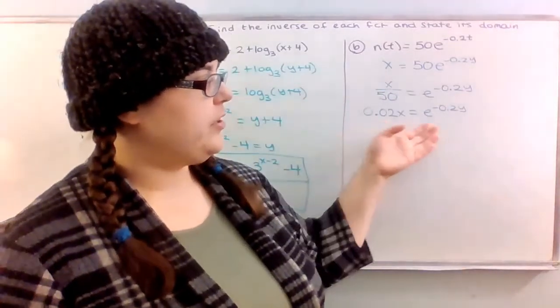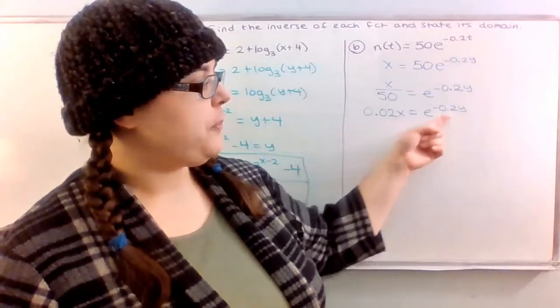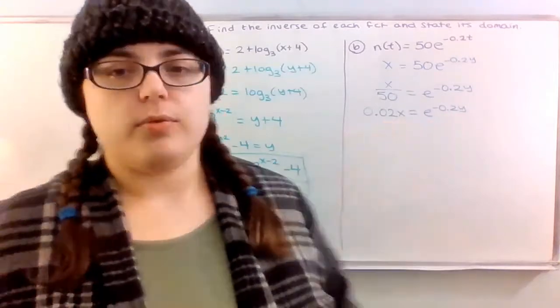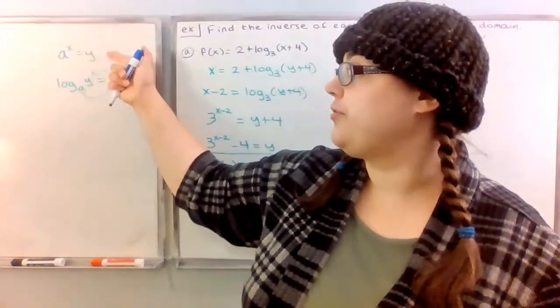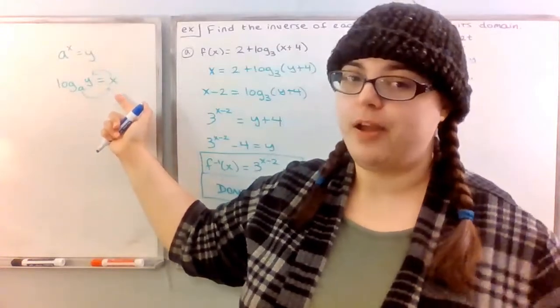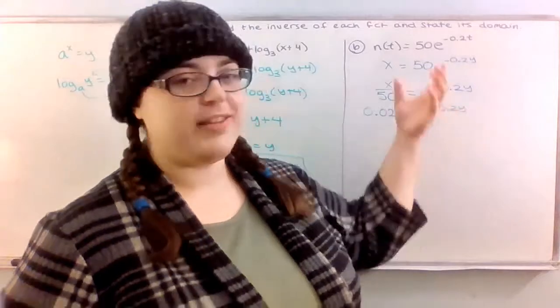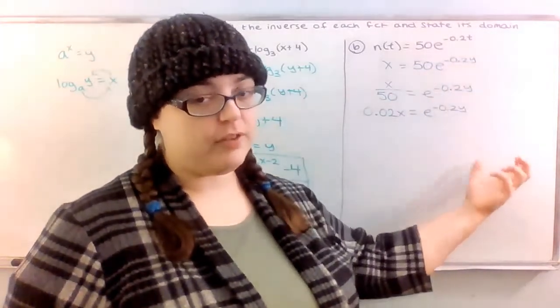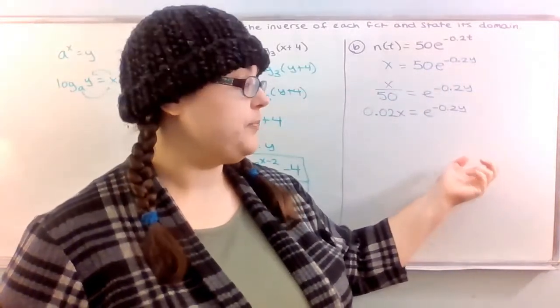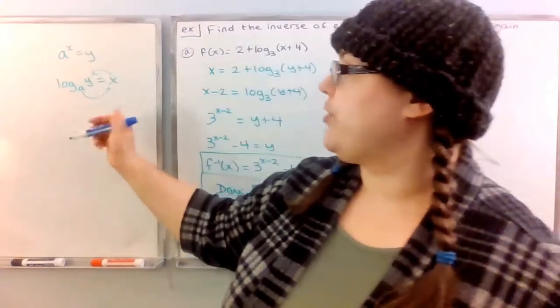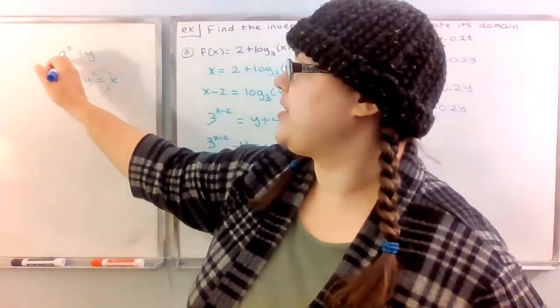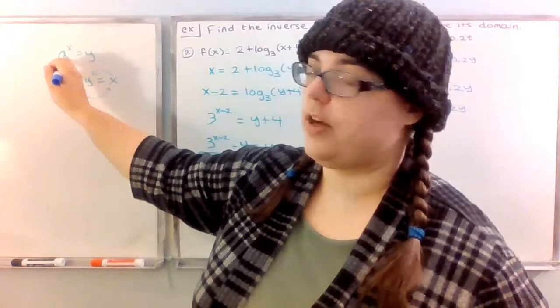Now that we have an exponential expression equal to something, we're going to change from exponential form into logarithmic form. What this will do is free up the exponent. It'll bring the exponent back down into the land of the living so that we can solve for y. So same thing with our cyclic motion here. The base of the exponential expression is the base of the logarithm.